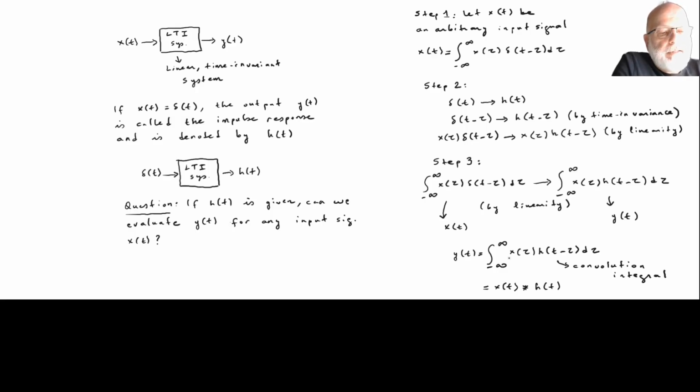And the concept of impulse response and how we use these concepts to answer the question related to the relationship between the input and output signals in a linear time invariant system.